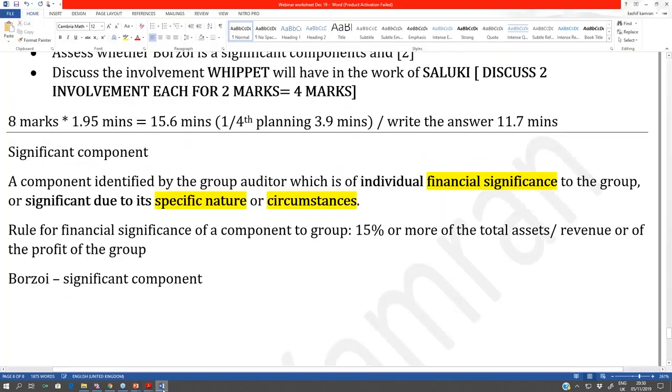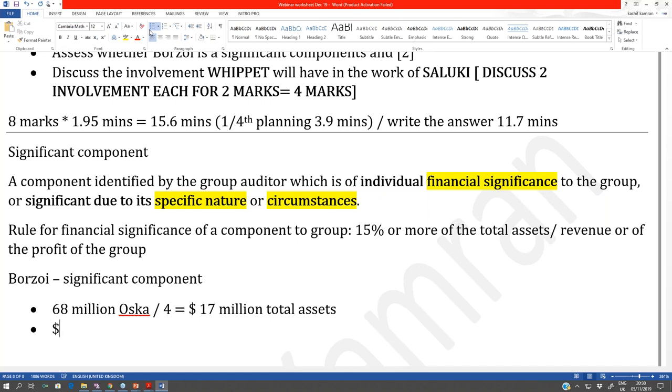So is Borzoi a significant component? 68 million ACCA divided by 4 is equal to $17 million. So when you divide 68 million ACCA by 4, you get $17 million of total assets for Borzoi.